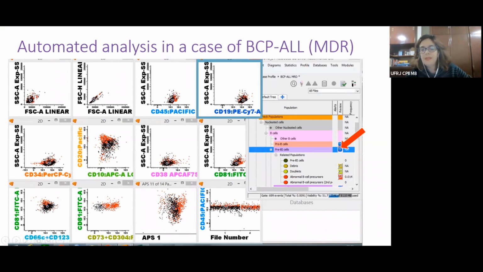Most of these events are in the first 2, so the events in the second tube were better identified for some reason. So we put these events inside the abnormal precursors.